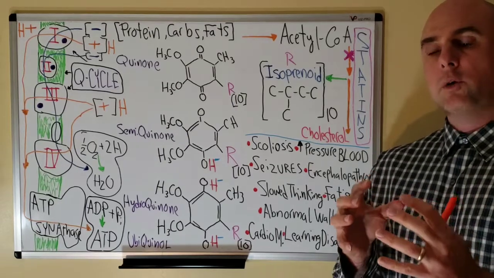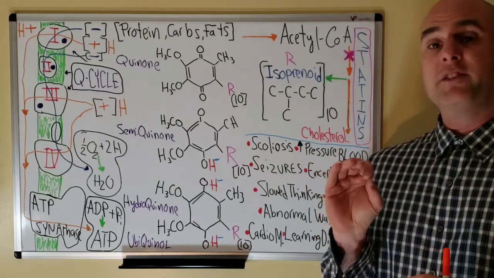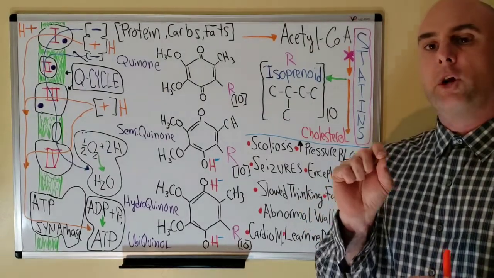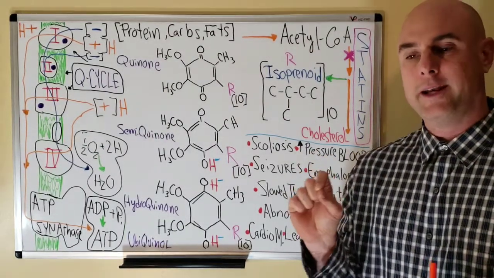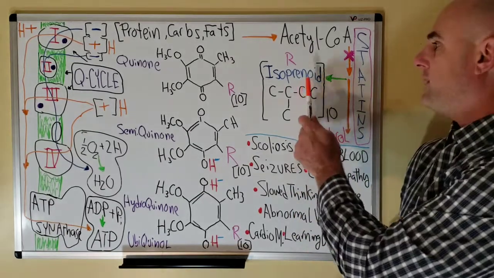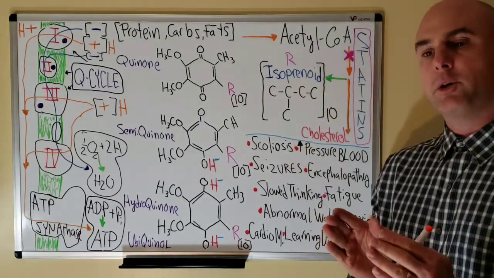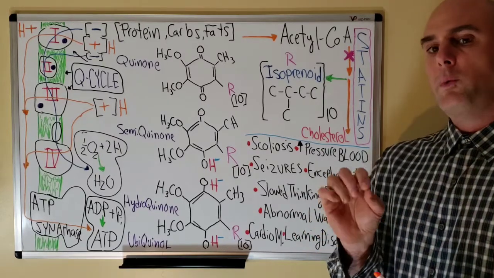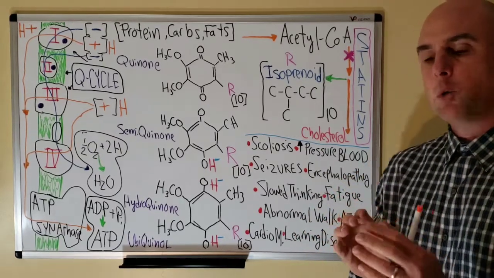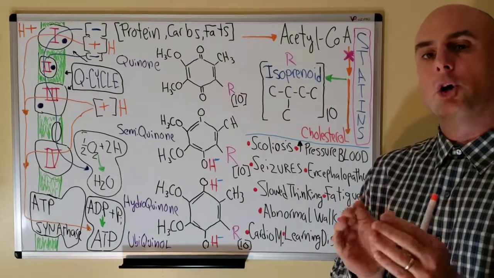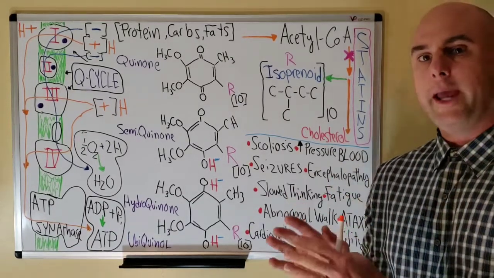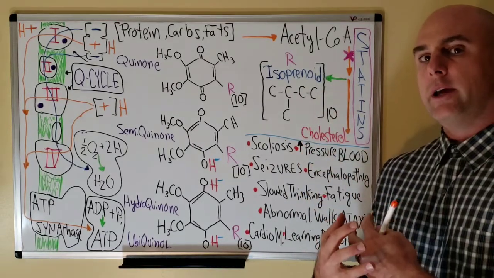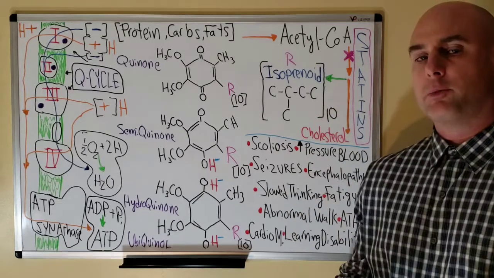Now, we use the CoQ10 version of this antioxidant, but other animals and other organisms can use a CoQ6 or a CoQ8. And that means that they have a different number of these isoprenoid chains attached to this antioxidant. So when we eat food from an organism that has a CoQ6 or a CoQ8, we can actually convert it into our CoQ10 by adding extra isoprenoids to it.